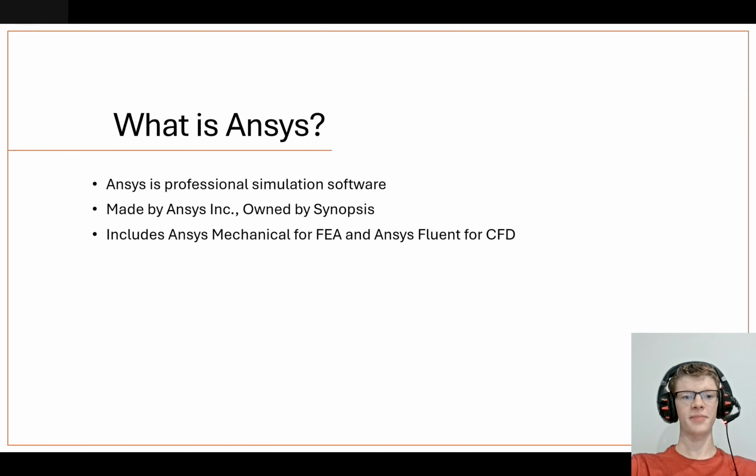The software includes Ansys Mechanical, which runs finite element analysis, or FEA, which is where you take a structure and apply forces to it and see what it does. And it includes Ansys Fluent, which lets you simulate how fluids move through physical objects, like how does the airflow around this rocket's airframe, or through this pipe, or through this pump, or something useful like that.